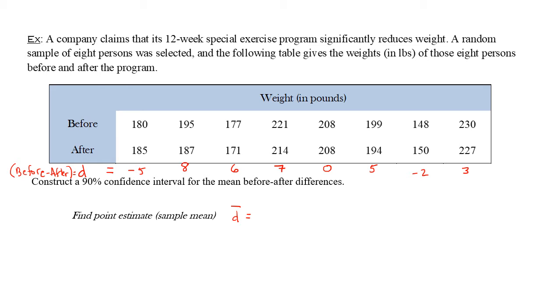In this case it might even be faster to just enter this data into L1. Now that I have it entered into L1, I'm going to go to Stat, Calc, one variable stats with L1, and it'll give me the mean of that data, which will be 2.75. So that's our point estimate.